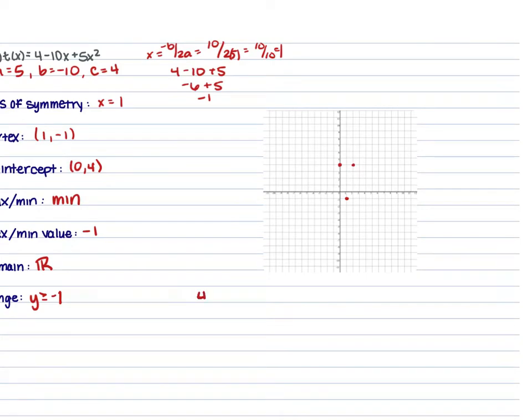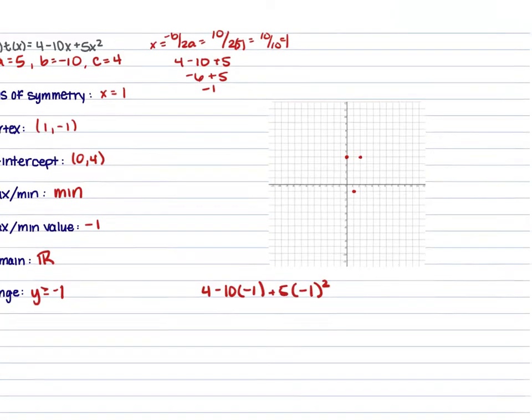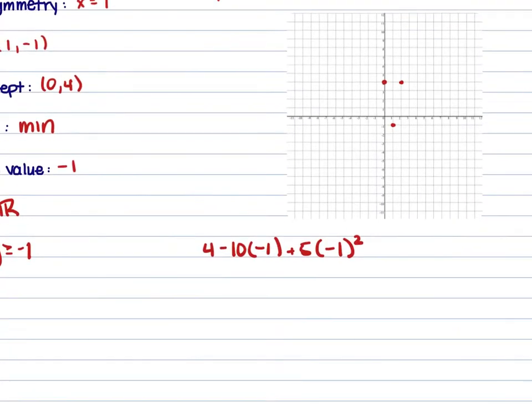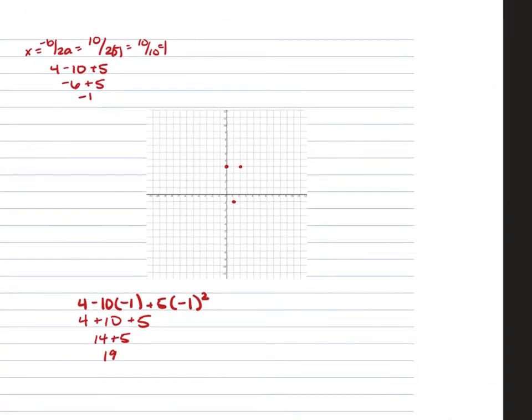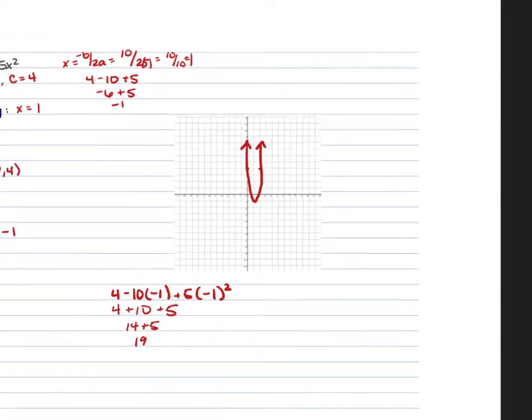So I'm going to have 4 minus 10 times negative 1 plus 5 times negative 1 squared. So this is going to be 4 plus 10 plus 5. 4 plus 10 is 14, plus 5 is 19. That's not going to fit on our coordinate plane, so I'm just going to use these 3 points to draw my parabola.